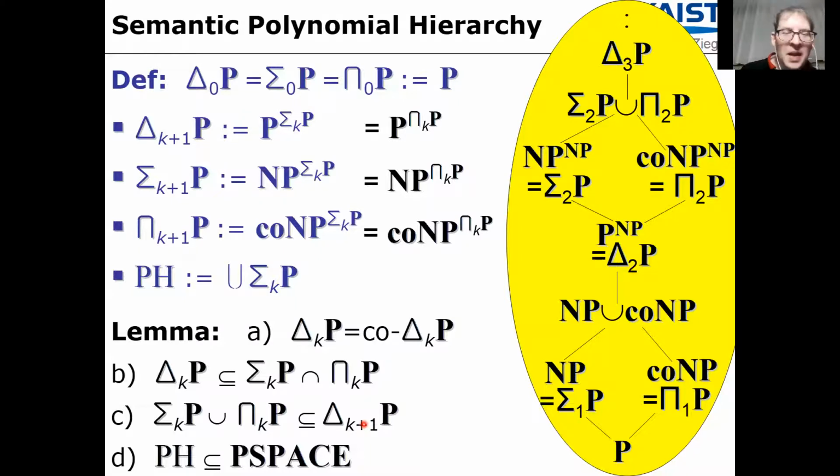Good. Right. So every single level of this polynomial hierarchy is contained in PSPACE without oracle. That's a nice thing to prove again by induction on which level in the polynomial hierarchy you are in.